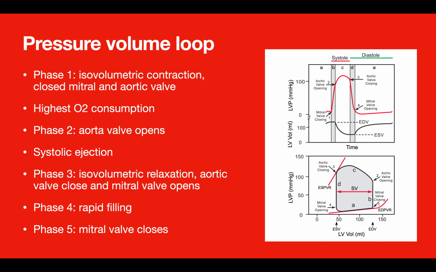Okay, so let's go through the pressure volume loop. In phase 1, there's going to be mitral valve closing, isovolumetric contraction up into phase 2. Phase 1 has the highest oxygen consumption because that's where the deoxygenated blood is coming into the right atrium, or the oxygenated blood is going to go out.